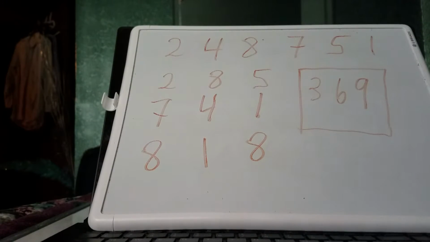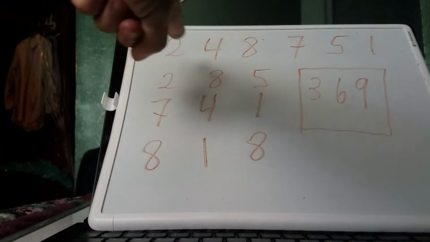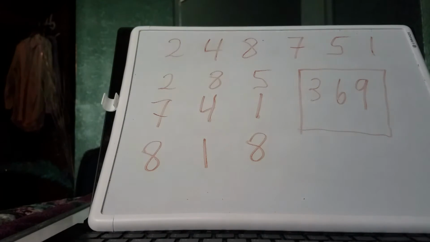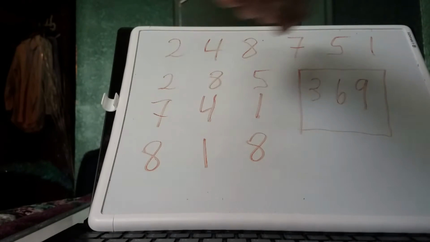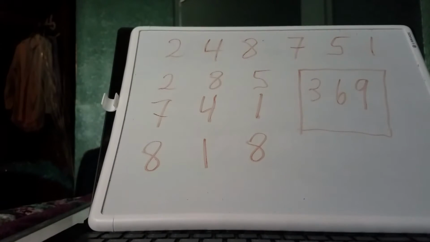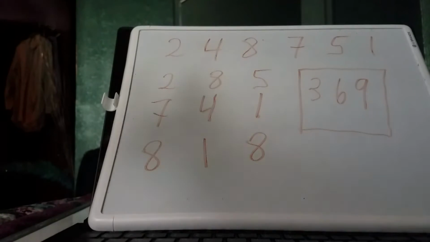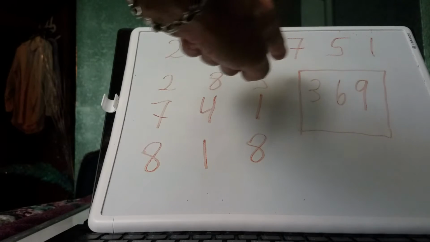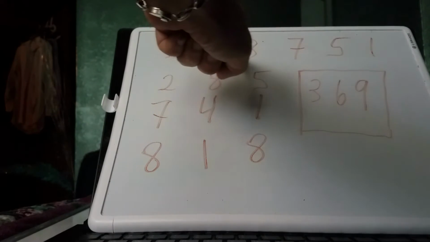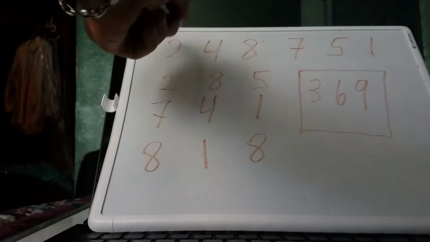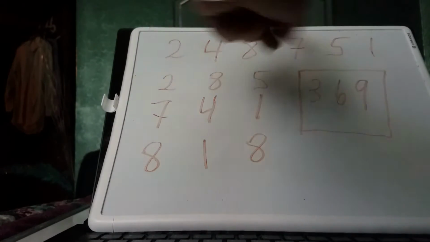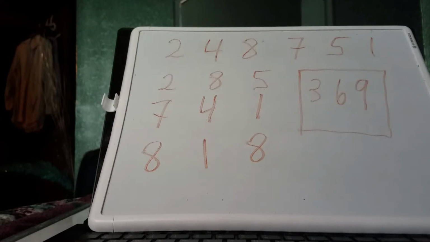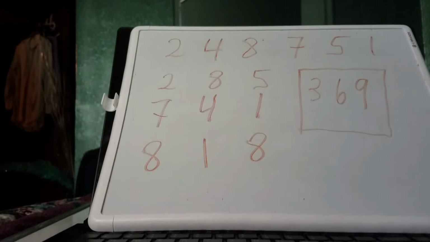These other subcodes are in reality the 248751 code, but the 248751 code is the 369 code, because what's the number between 2 and 4? It's 3. What's the number between 5 and 7? It's 6. What's the number between 8 and 1? It's 9.